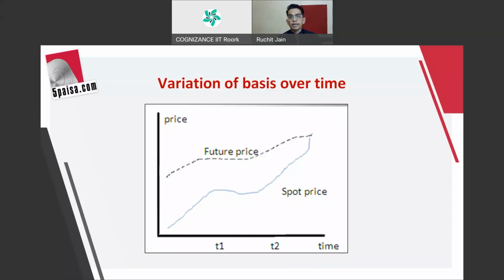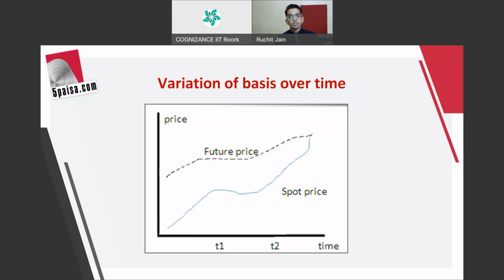Now let's come on to the options. Now in the last few months, especially the last one and a half, two years after the pandemic, a lot of accounts have been opened with brokerage houses. A lot of new traders, young traders like you, have opened accounts, and more of them are drawn towards futures and options or towards the derivatives. Why? The main reason for getting attracted towards F&O is that the investment is less.